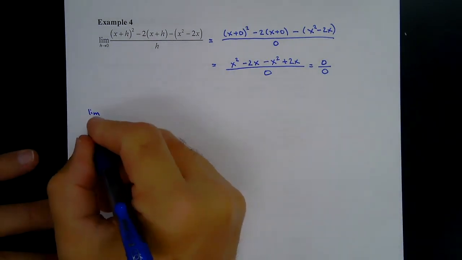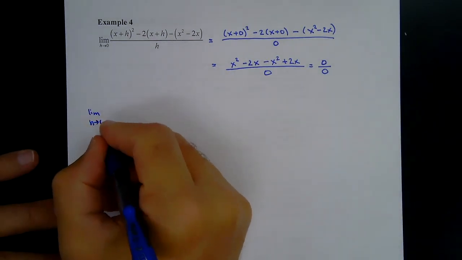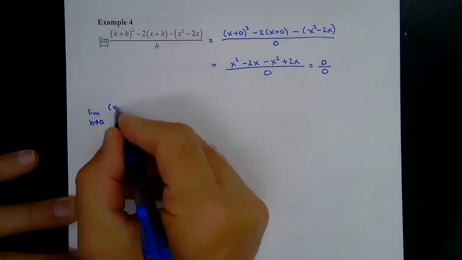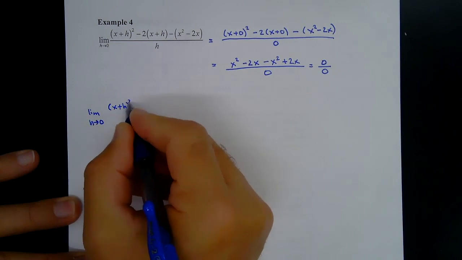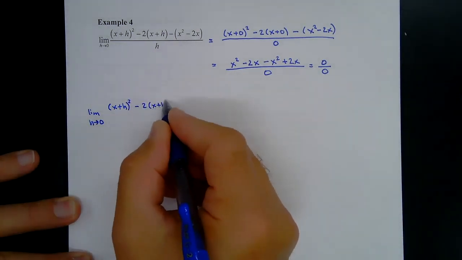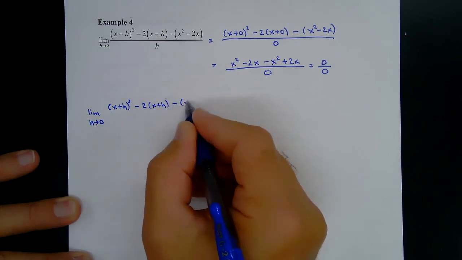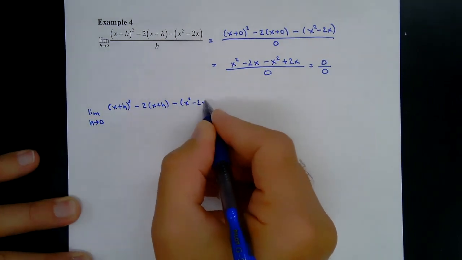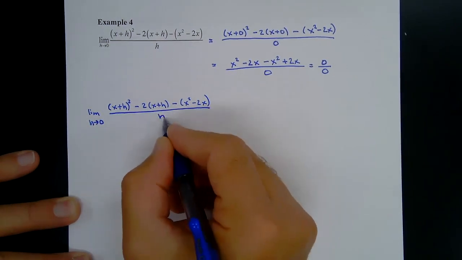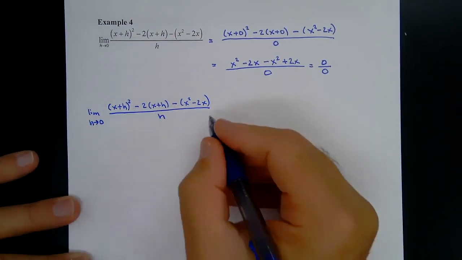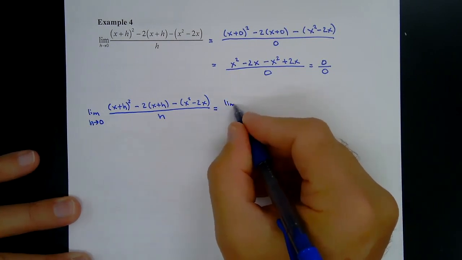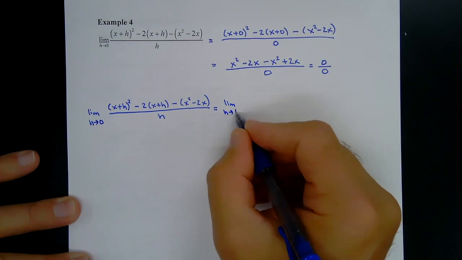The limit as h approaches 0 of x plus h squared minus 2 times x plus h minus, and then x squared minus 2x, all over h. Okay, so what we could do is this is equivalent to the limit as h approaches 0.